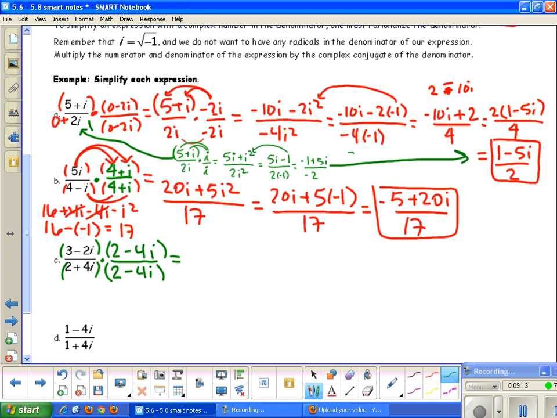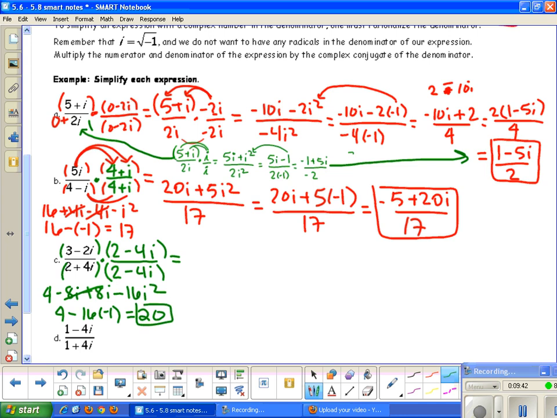So in my denominator, I would get 4 and then minus 8i plus 8i minus 16i squared. So the 8i and negative 8i cancel out. So 4 minus 16 times negative 1, because remember i squared is really negative 1. So in my denominator, I have 4 plus 16, which gives me 20.